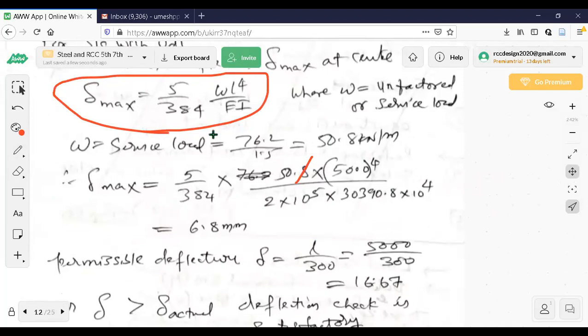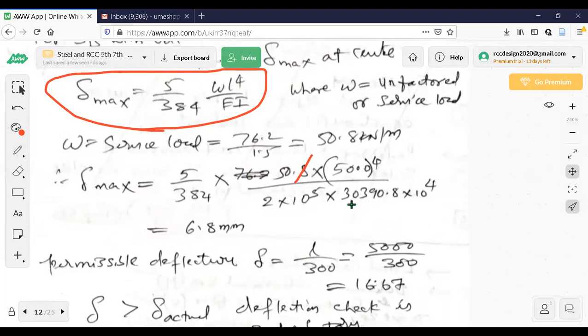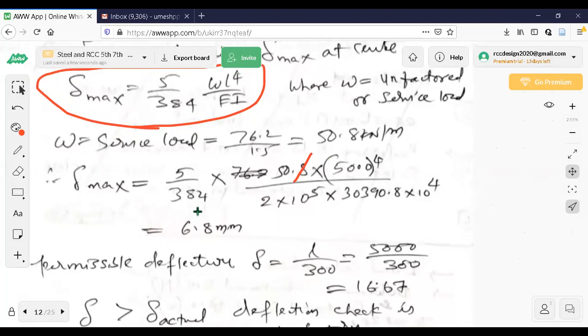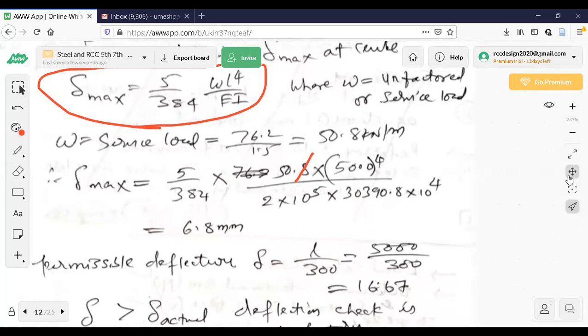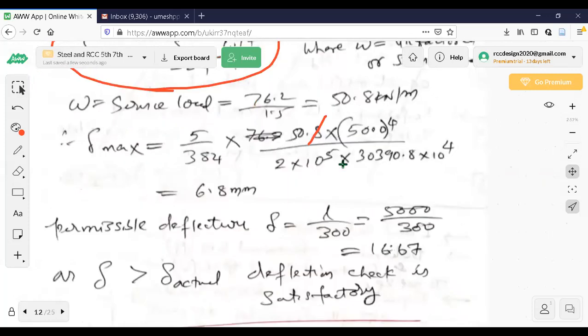Substitute all the values: 5 by 384, this one, L, E and I. E is 2 into 10 raised to 5, which you should remember throughout your life. The moment of inertia of the I section is there in the steel table, for the corresponding I section you have selected. W is small, the service load. The result is 6.8 mm. So the actual deflection that is happening is 6.8.